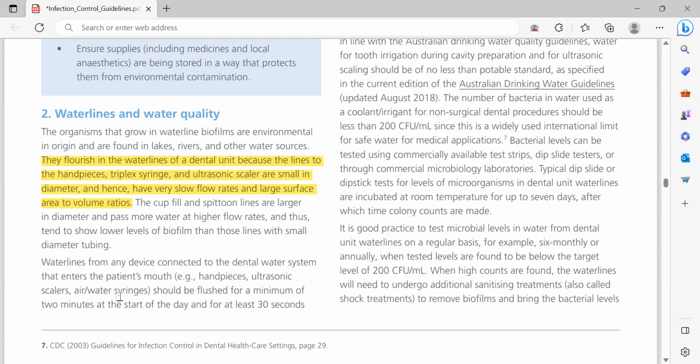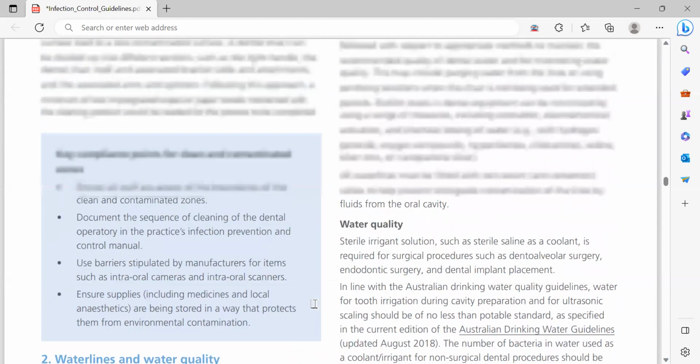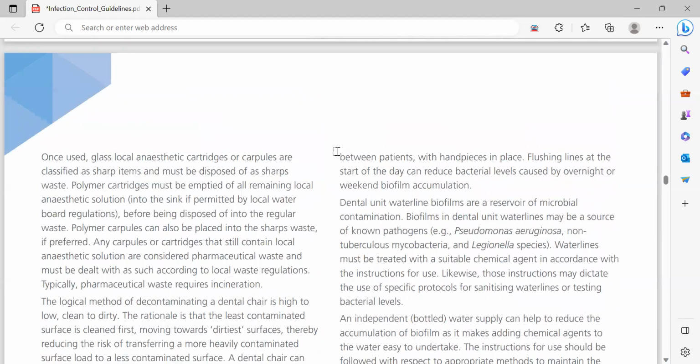That's the reason it is recommended that it should be flushed for a minimum of 2 minutes at the start of the day and for at least 30 seconds between patients with handpieces in place.